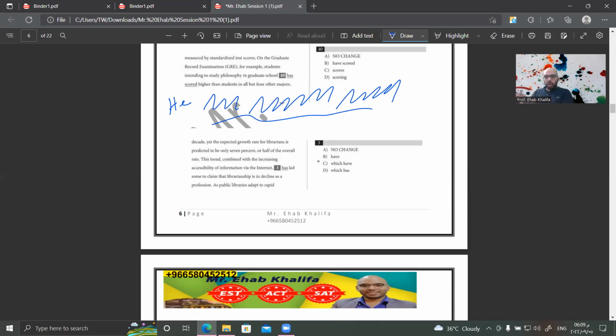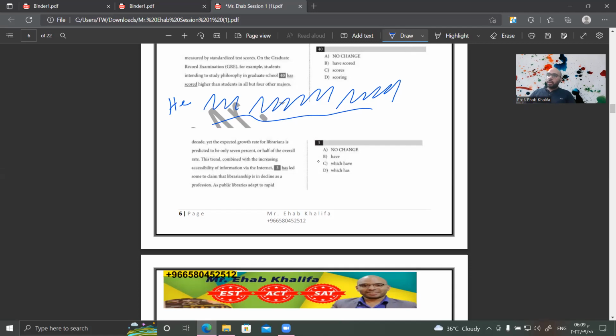If you cannot figure out the main subject of the main verb, you will feel lost. So this is the only point. All of us know that he takes singular. But what makes students err on SAT is that they do not find the subject directly placed before the verb.